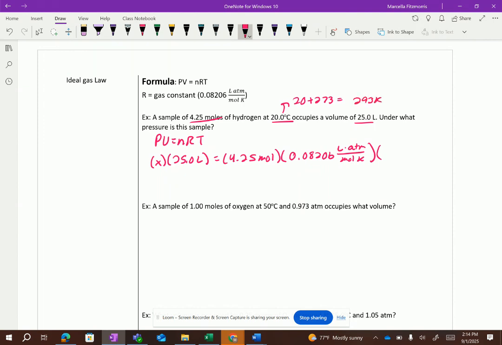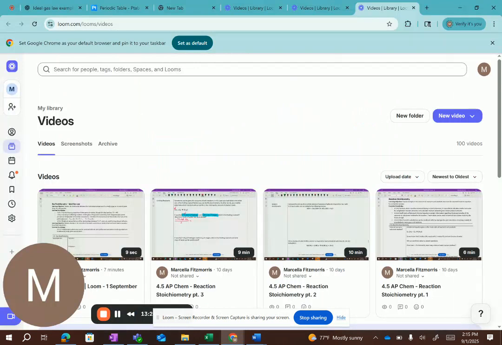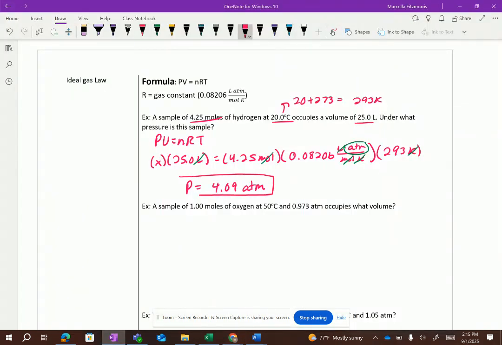Okay, when I do the next one, PV equals nRT, pervnert. This time they gave me pressure in atmospheres. They're asking for volume. I've got 1 mole. R is 0.08206 liters atmospheres over moles degree Kelvin.